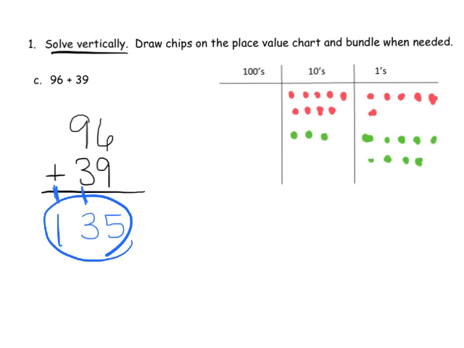And then this is where students are going to see the connection between this standard algorithm and the manipulatives that they've been using. So we could see 6 up here, 9 down here, all together that's 15. So our students are going to be able to see that you can bundle 10 together and you're going to have 5 left over.